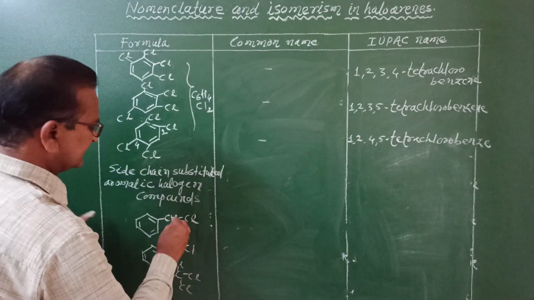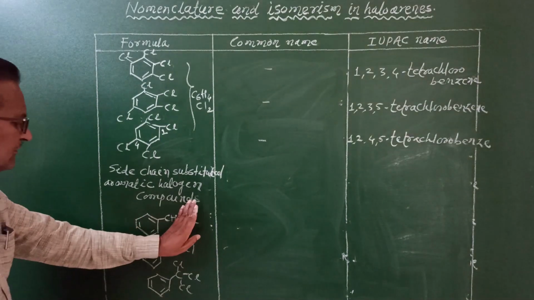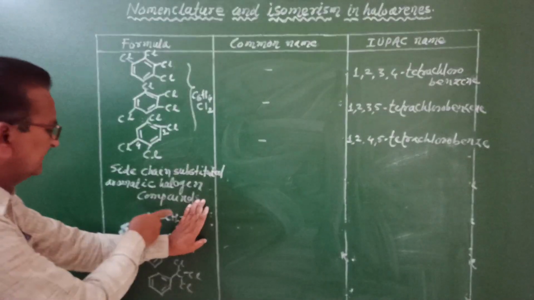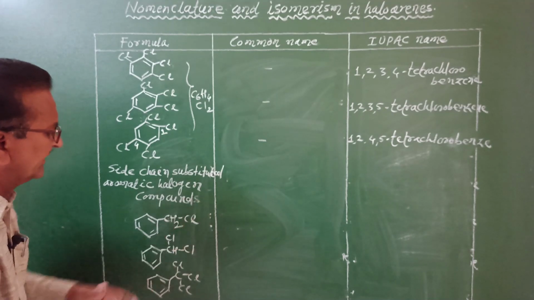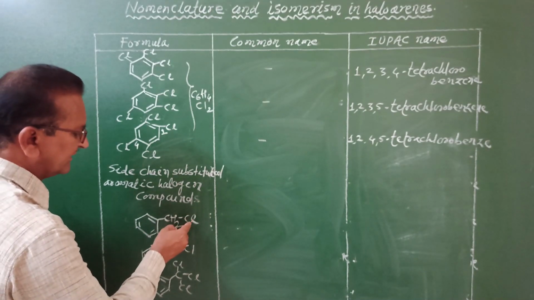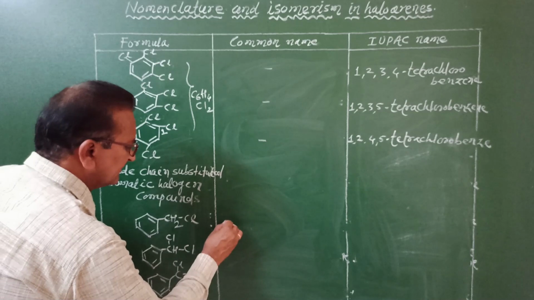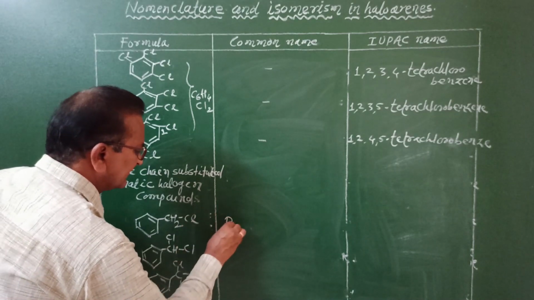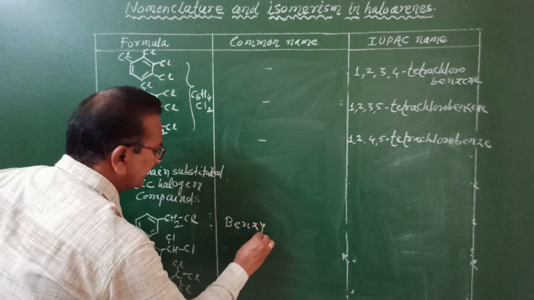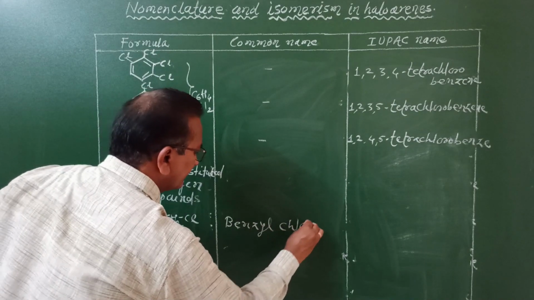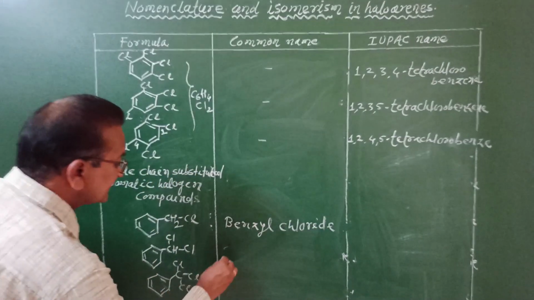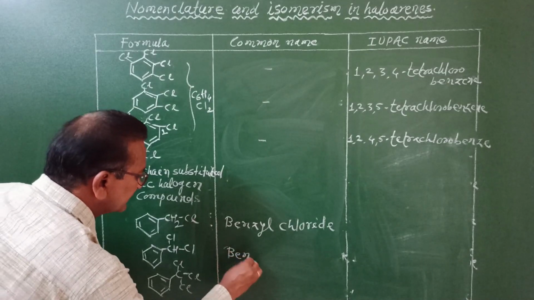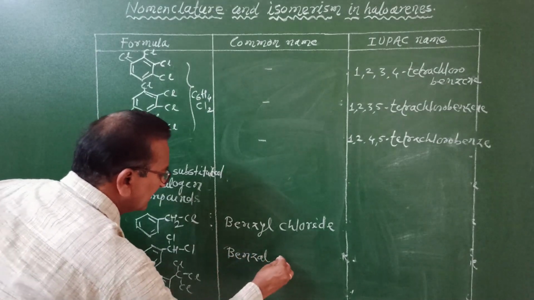This first one is called benzyl chloride. If we block this Cl, the remaining part is called benzyl, followed by the name of the halogen atom as halide. Since there is a chlorine atom, chloride, that's why the name is benzyl chloride.